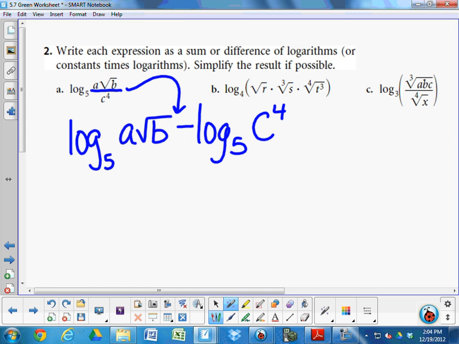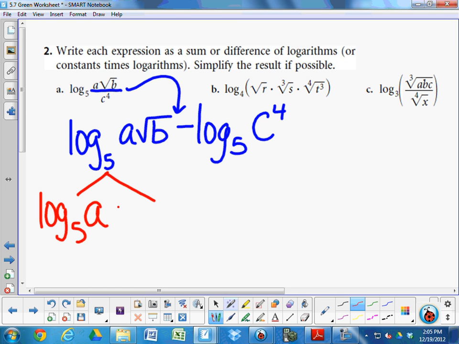Here we go. The next one we're going to incorporate is, I have the log of mn right there. Something times something. So what can I do with them? Add them. I can do the log base 5 of a plus the log base 5 of the square root of b.